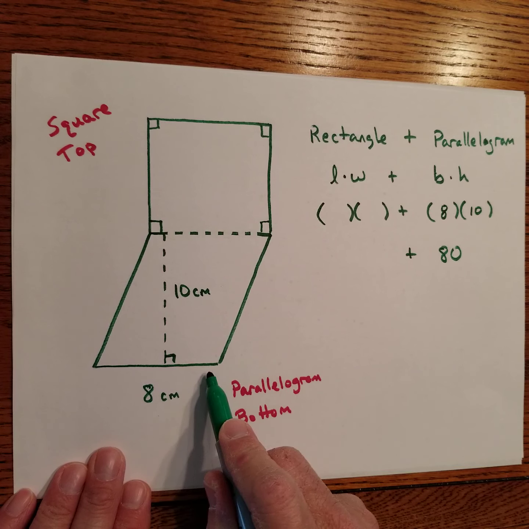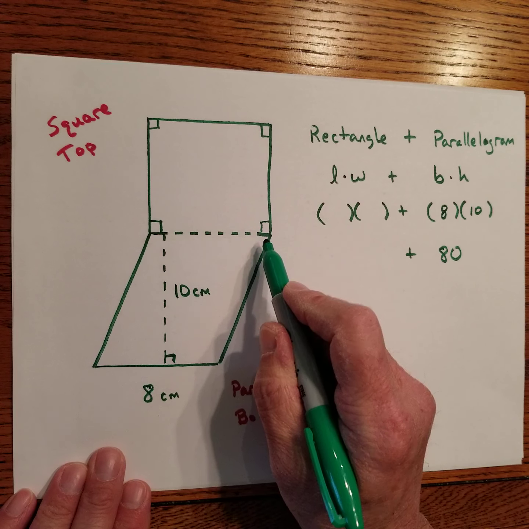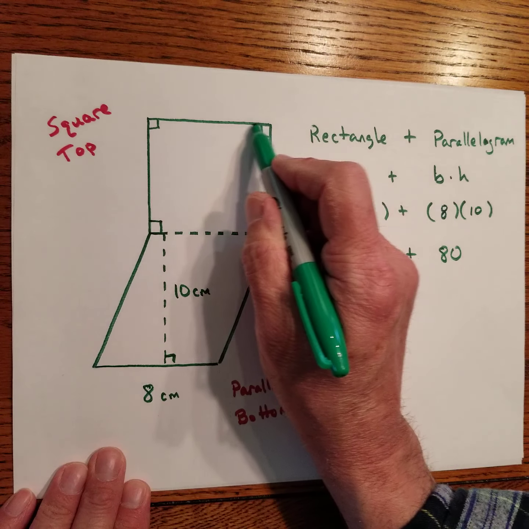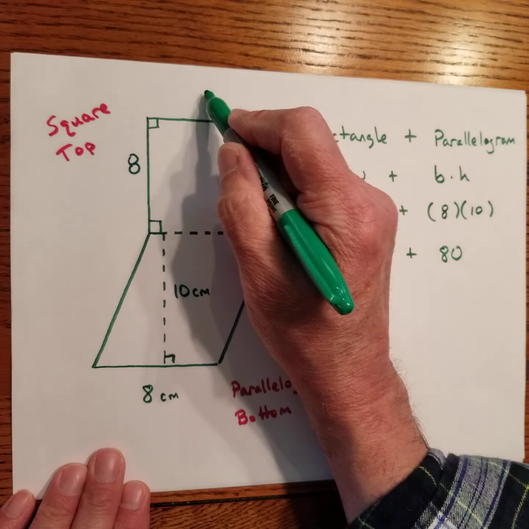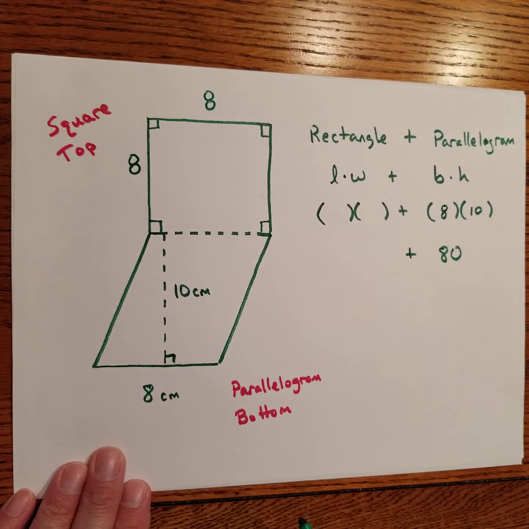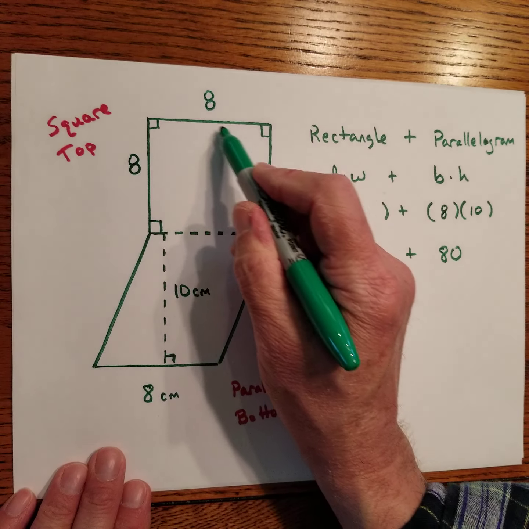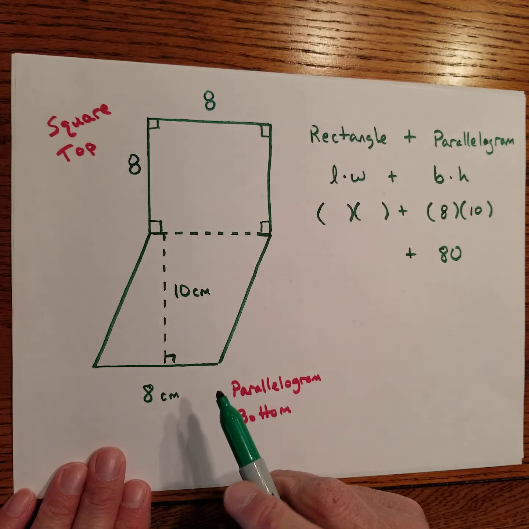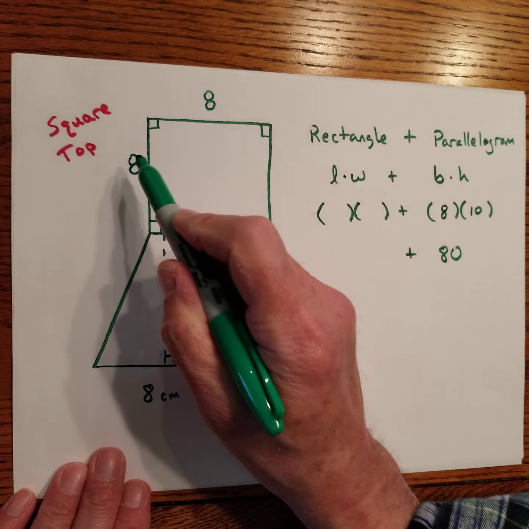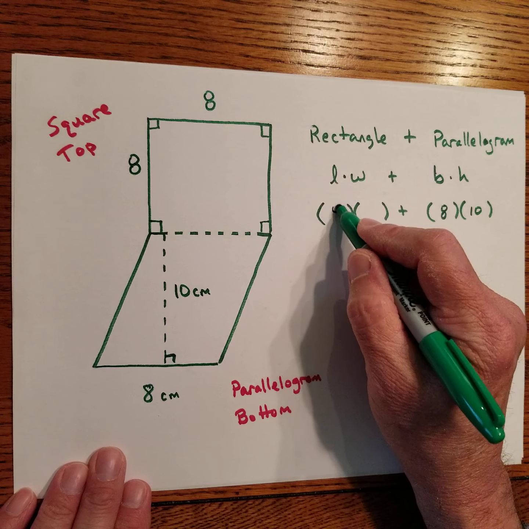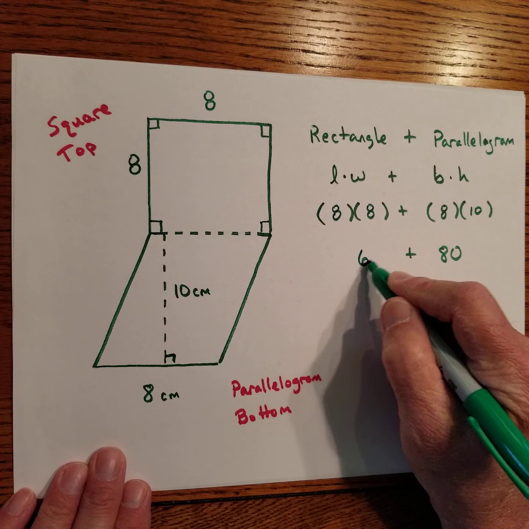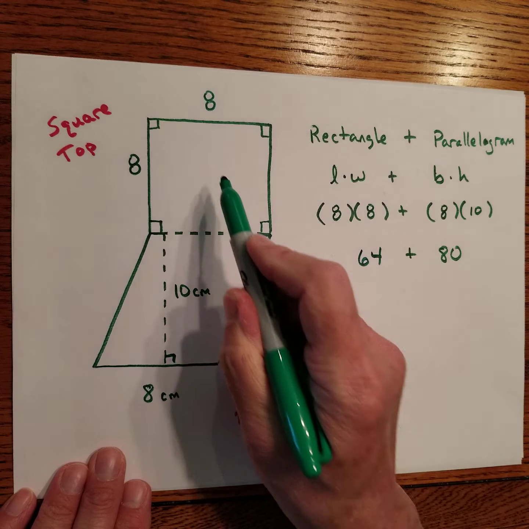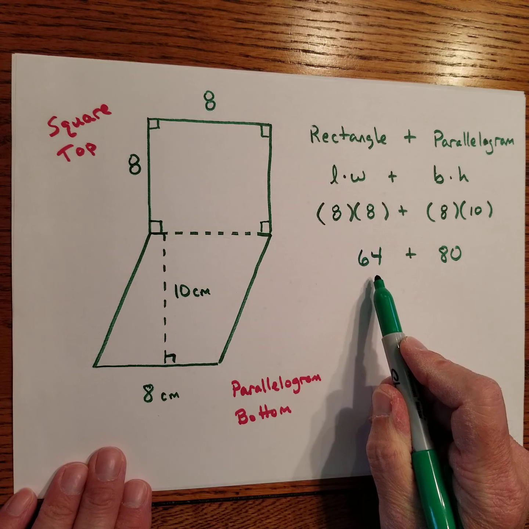So if this is 8, then this is 8. But if this is 8, every side is 8. It's 8 centimeters there, and it's 8 centimeters there. Which means if I want the area of this top, length times width can be 8 times 8. 8 times 8 is 64.